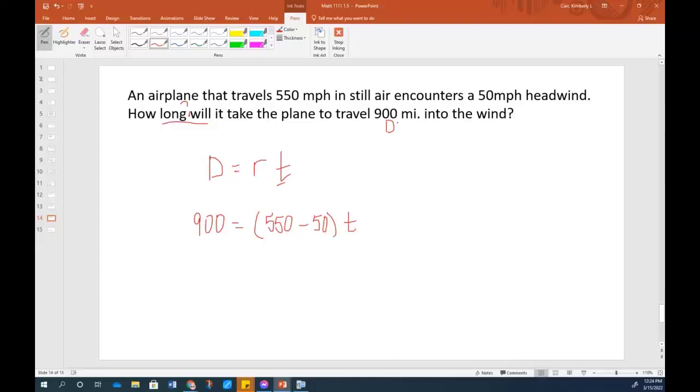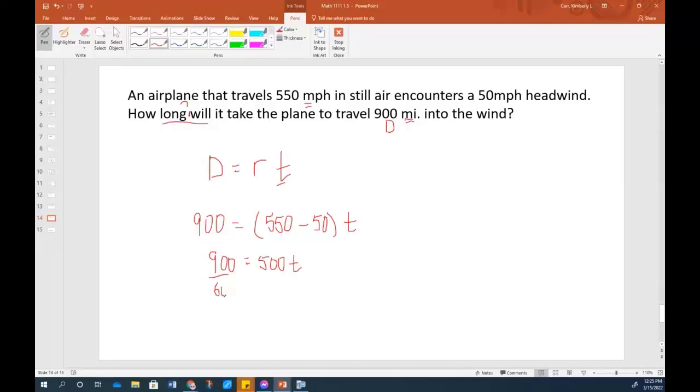Now, in this problem, these are in good units: this one is in miles, and my rate was in miles. But do watch for things like that, because you can't use something that's in inches while something else is in feet. You have to get them in the same sort of units. So here, 900 is equal to 500 t.